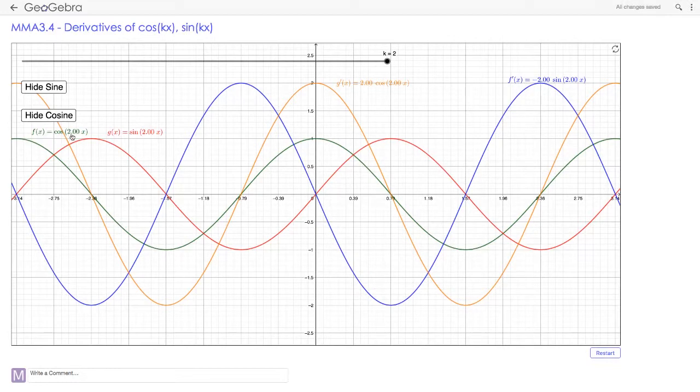What does this function look like? Which of these is it? Basically, the cosine of 2x will be this one, only shrunk somehow. And the same goes for the sine of 2x.